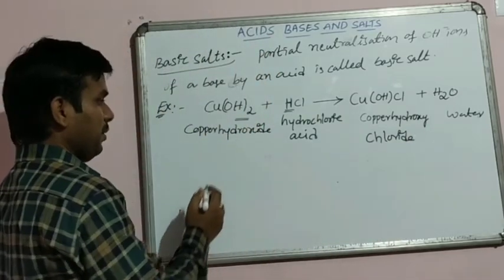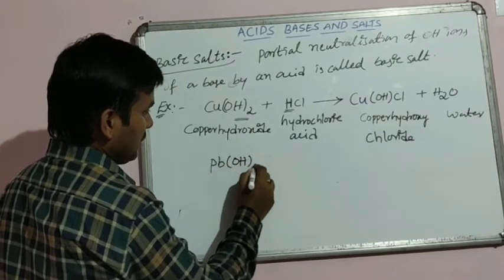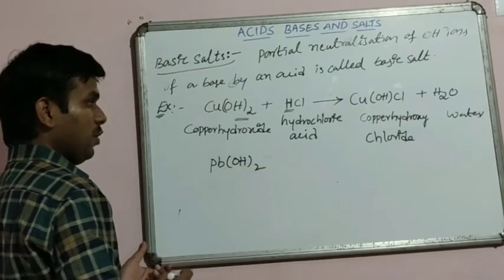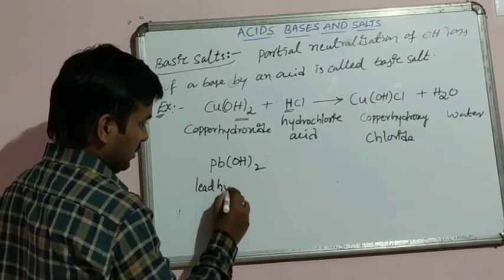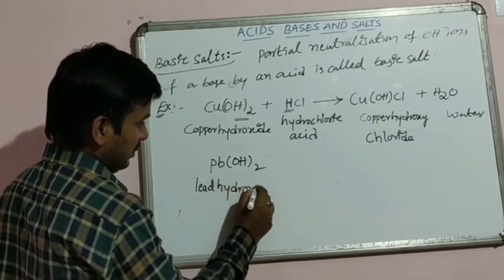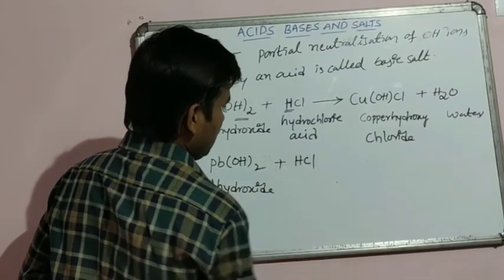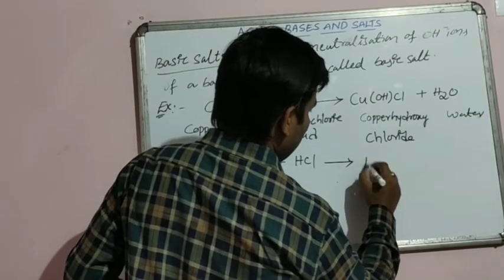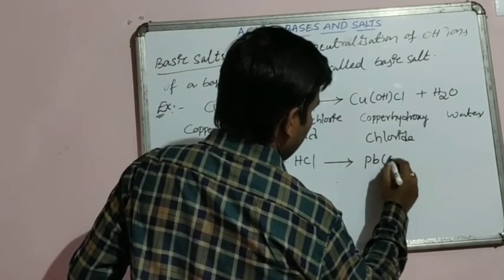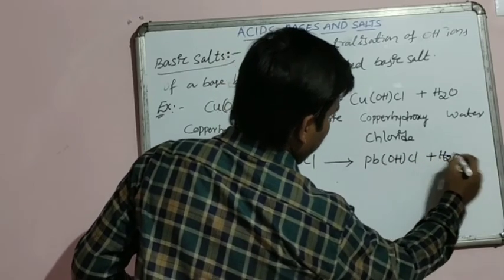One more example: Pb(OH)2, lead hydroxide, plus HCl to form Pb(OH)Cl plus water.